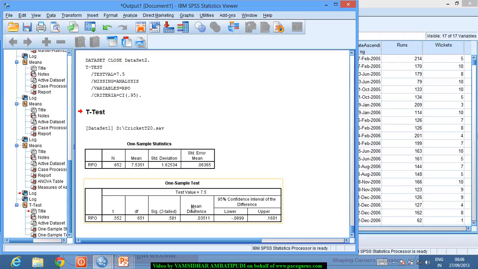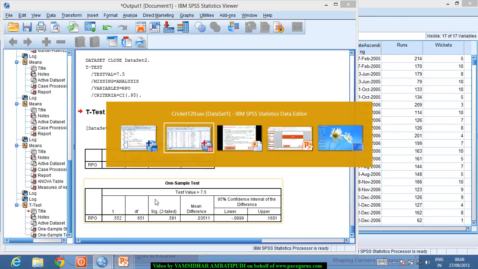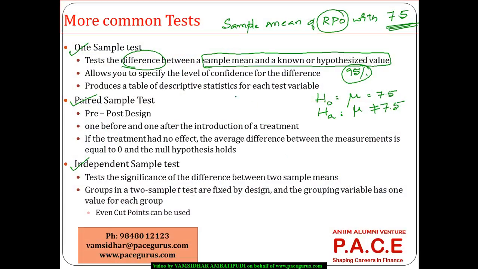You look at the significance value. In this case also you look at the significance value. In our example, the significance value came out to 0.581. This is the only value that we really require. If this value is less than 0.05, then go with the alternate hypothesis.